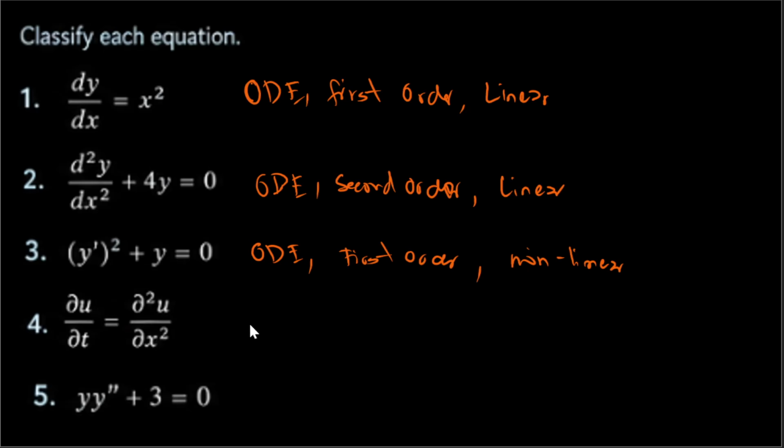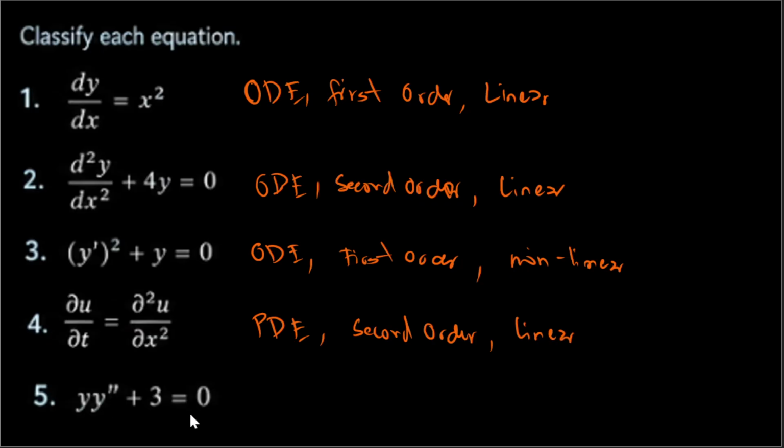Okay, this one is a PDE, or partial differential equation, because we have two independent variables, t and x. For the order, we have a second derivative, so this is second order. For the linearity, our dependent variable is u, and it is not raised to 2, so therefore this is linear.